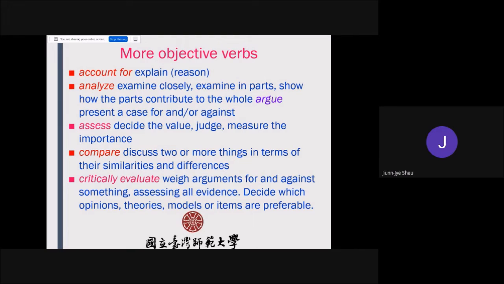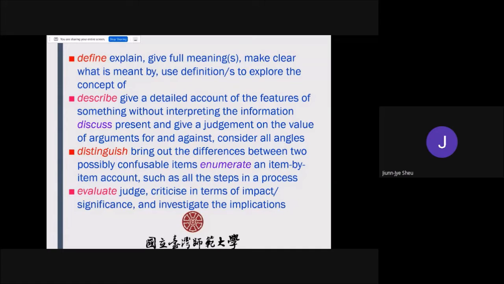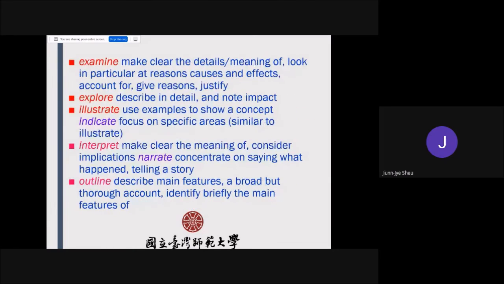That is the more objective verbs like account for, analyze, assess, compare, or critically evaluate, define, describe, distinguish, evaluate. Those are more formal words when you write for academic writing.